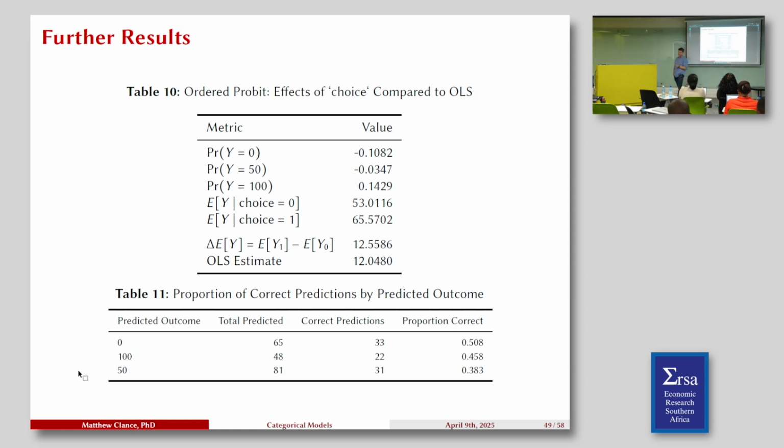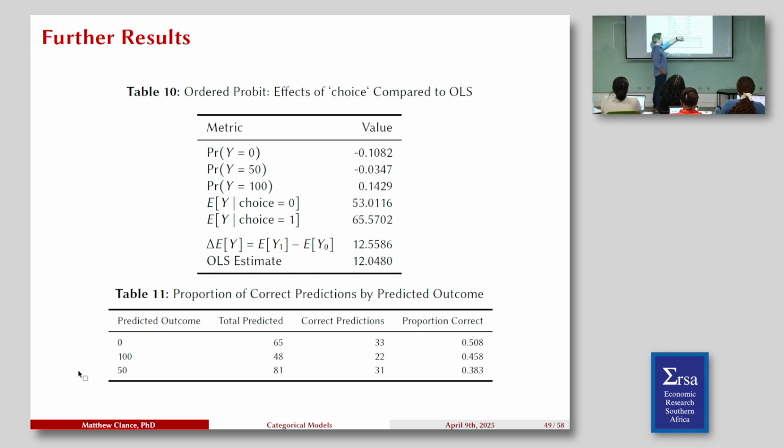Now, these are just those probabilities, but how do I actually go about comparing it to the OLS outcome? Well, it's about looking at the expected outcome when choice is 1 versus when choice is 0 for that model. The value under choice 1 is going to be 65.57.